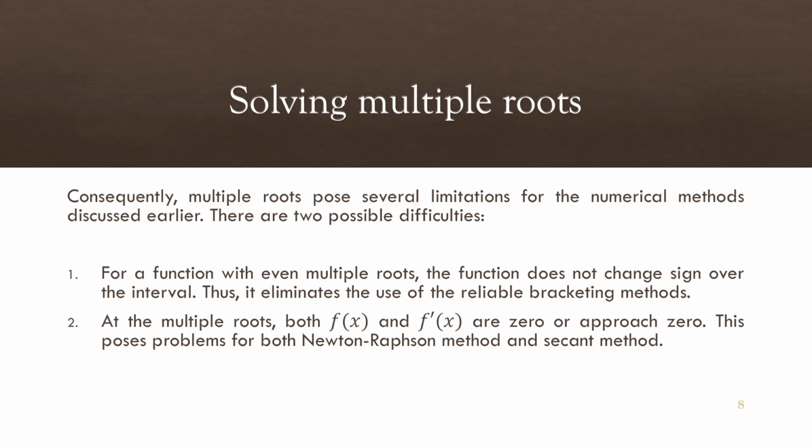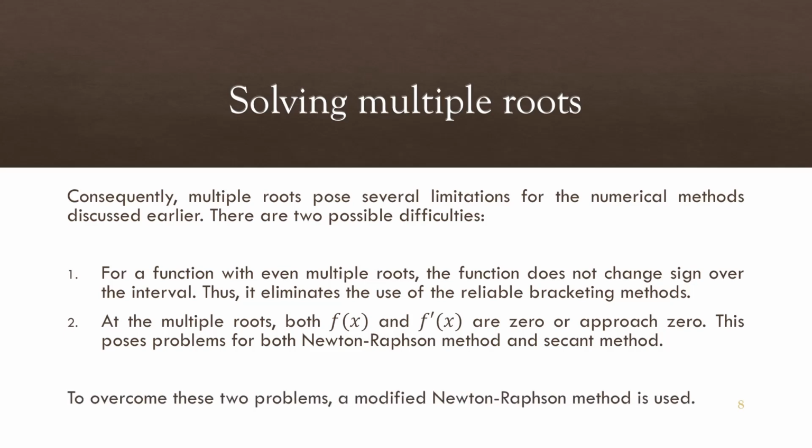Understanding that the gradient of the function for the multiple root is 0, you need to put 0 at the denominator, meaning you cannot solve your multiple root using the Newton-Raphson method because you have to divide by 0. So you need to find another way. To overcome these two problems, we will use a modified Newton-Raphson method to solve multiple roots.